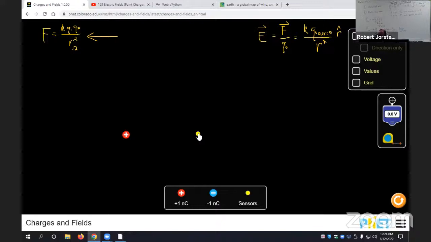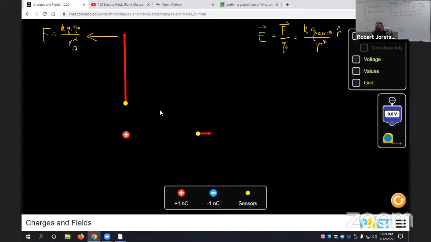And look what happens when I release the mouse right now. That shows us the direction of the electric field. Whereas if I go here, think to yourself which way the electric force should point. If that yellow is a plus charge, the force should be upwards. Therefore, the field is upwards. Whoa, notice it's a lot bigger.